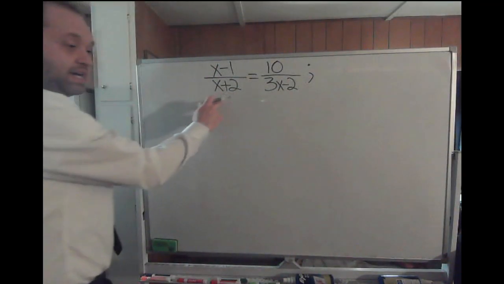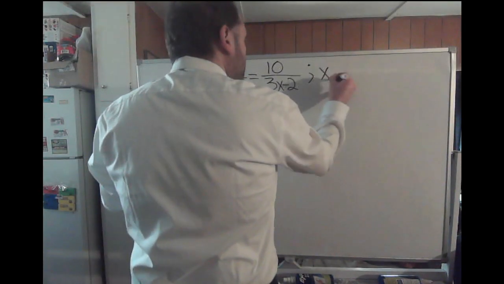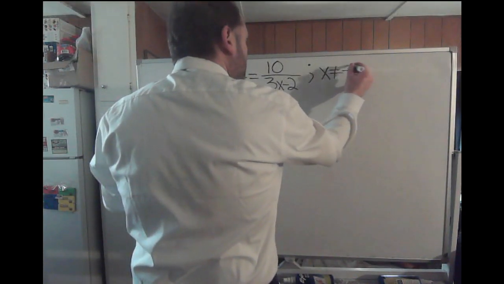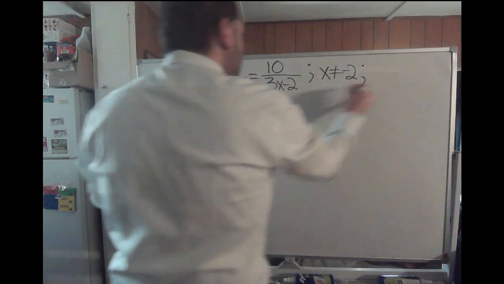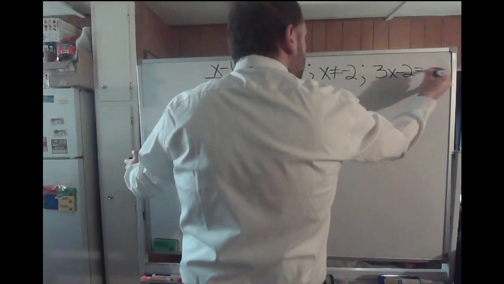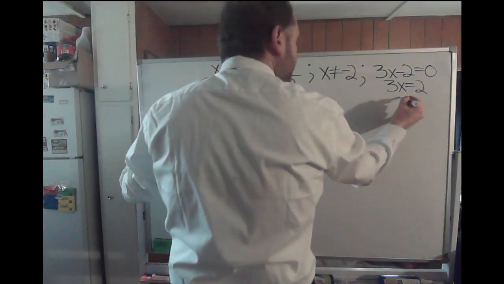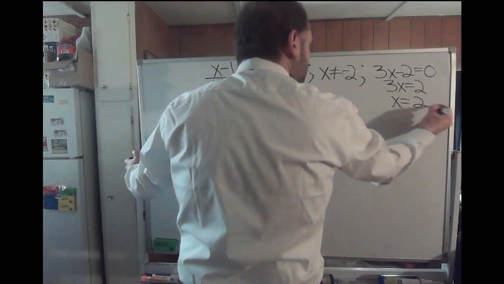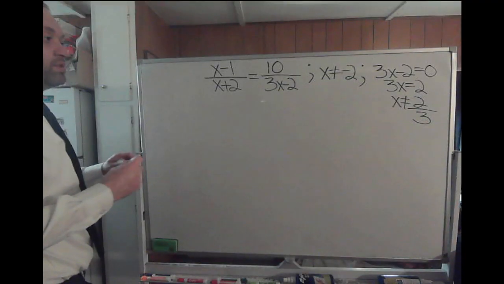First up, if we take x plus 2, set it equal to 0, that's going to give you that x is equal to negative 2, which means x cannot equal negative 2. And then if we take 3x minus 2, set that equal to 0, you would get 3x equals positive 2, which would give you x equals 2/3, meaning that x cannot equal 2/3 as well.